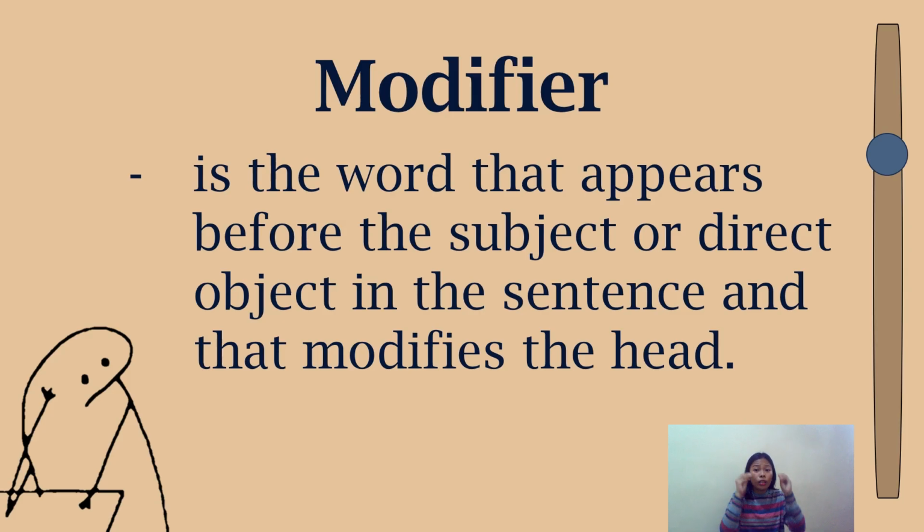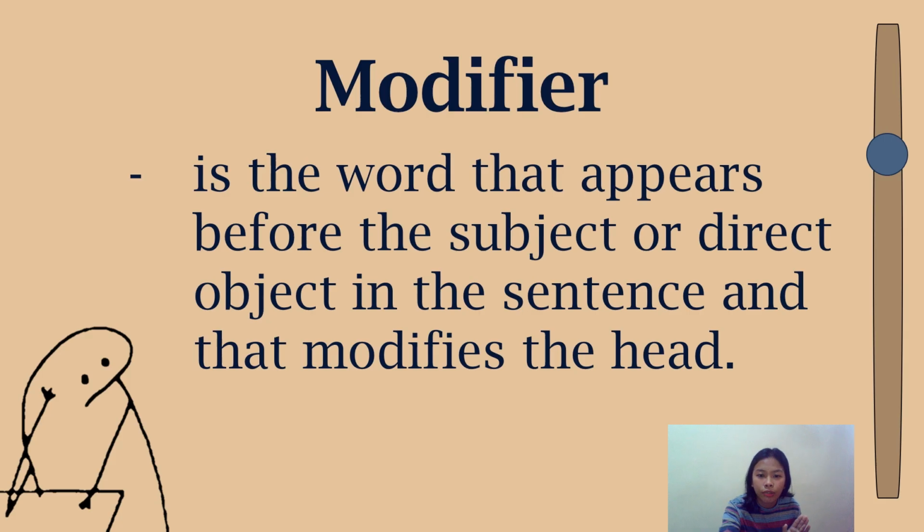Okay, so those are the two things that you have to remember in the structure of modification. We have the head and then the modifier that modifies the head. So I have here seven examples. It's very easy to understand, so let's just read it.